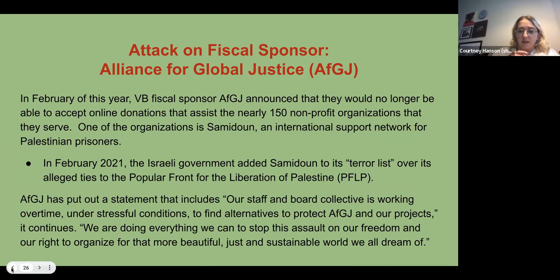In February of this year, this body announced that they would no longer be able to accept online donations, which beyond just this brigade assists nearly 150 nonprofit organizations. One of those organizations is Samidoun, please correct me if I'm saying that wrong, an international support network for Palestinian prisoners. Part of how this happened was in February, the Israeli government added this organization to its so-called terror list.